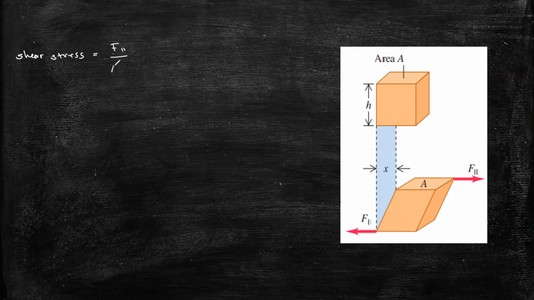As we can see in the figure, our force is this one, directed at both sides, and the resisting area is this one.